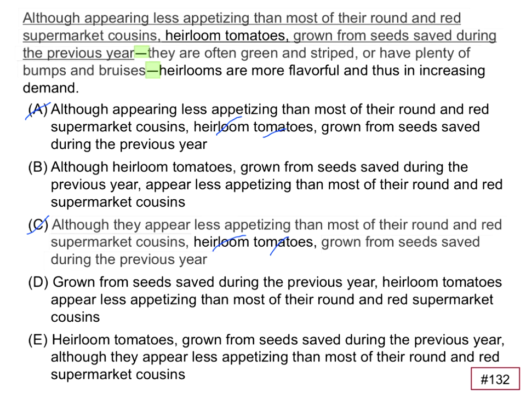All right, let's go take a look at E, what's going on here. They move things around in E. Heirloom tomatoes is up front. Grown from seeds is still a modifier. Although they appear less appetizing, is still a modifier. They just moved stuff around. But still, heirloom tomatoes is hanging out there by itself. A double subject. All right, sweet. So we got rid of A, C, and E. Whew, all right, what about between B and D?